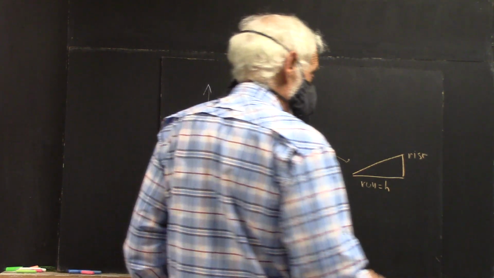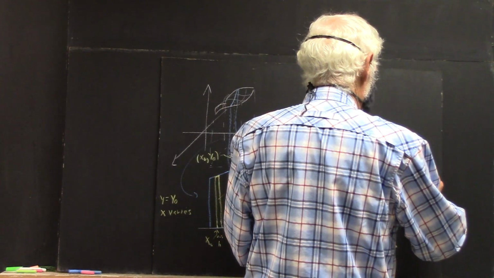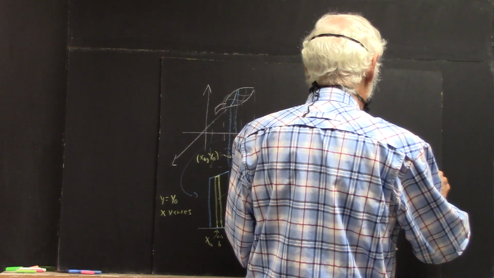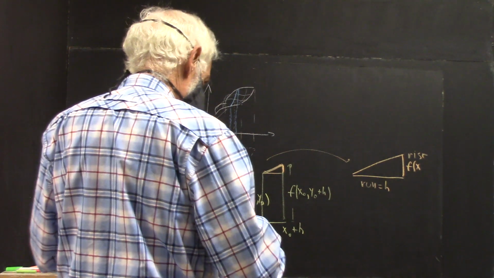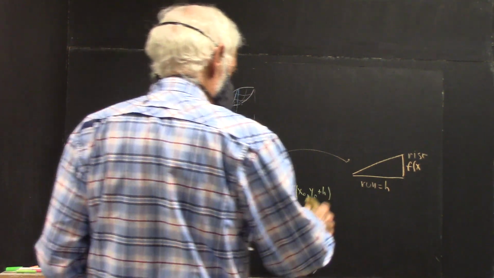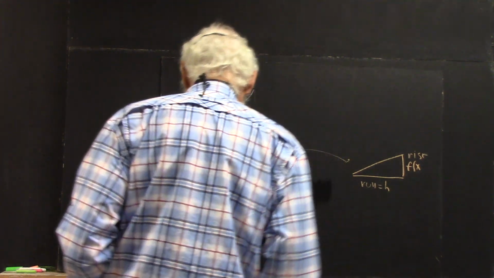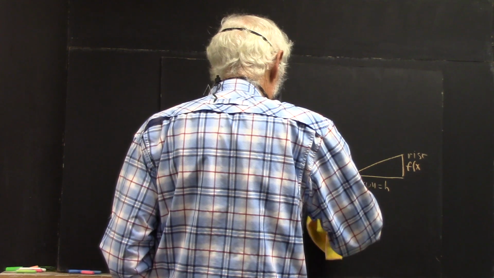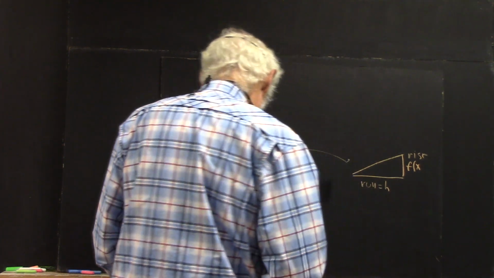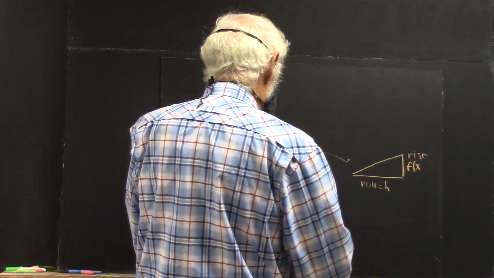Then we've got to be able to write the slope. So the rise is what? f of x naught plus h, y naught. y naught is constant, of course, because it's x that's changing.